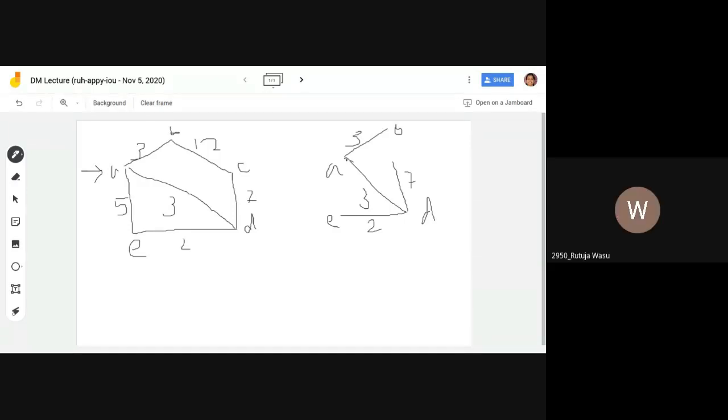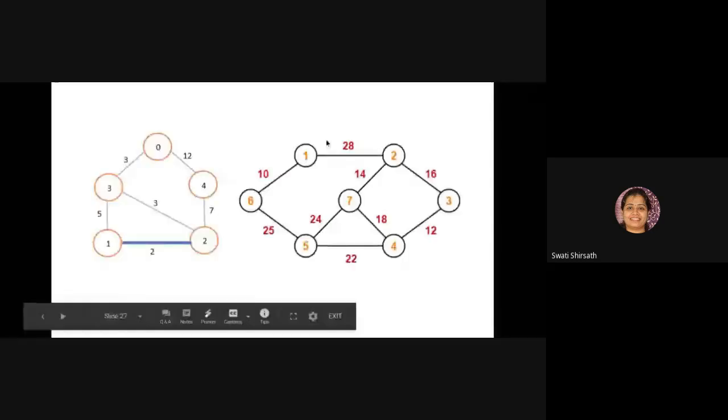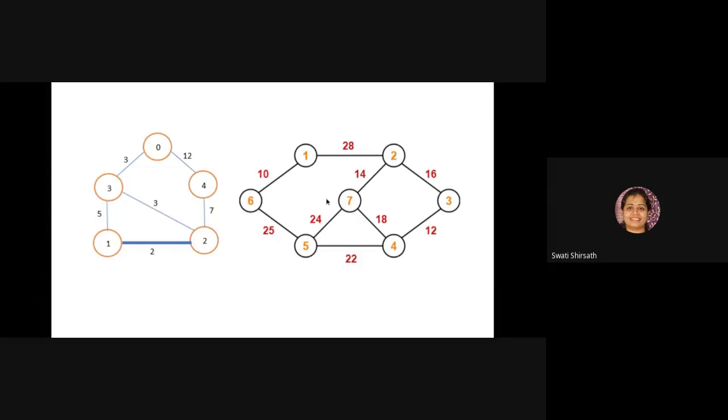Ma'am, which vertex? 7. Ma'am, that's an edge. No, vertex 7 of the second graph. Sorry, I haven't shared this slide. This graph, vertex 7 is your start vertex. Okay?